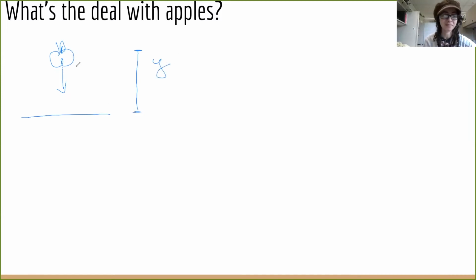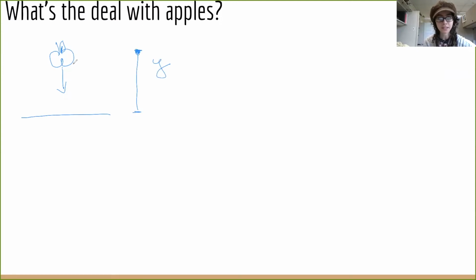It's a nice letter. And let's say you're very bored and you have a very good camera. So you take snapshots of the apple falling that are equally spaced in time. What you'll notice is that the apple speeds up as it falls. So it'll start at some height, let's say up here.